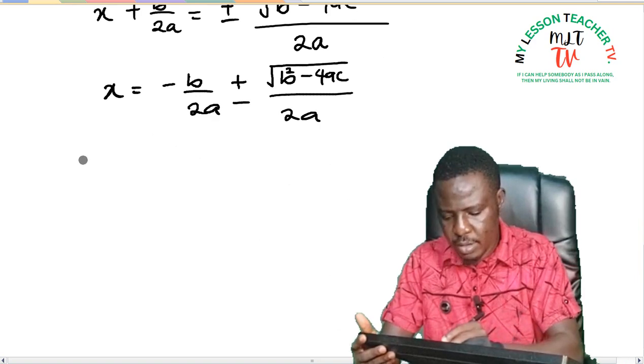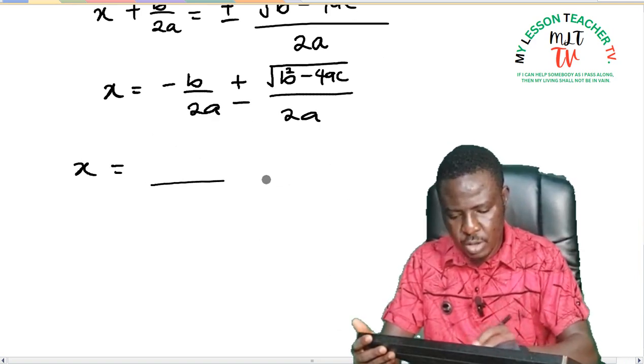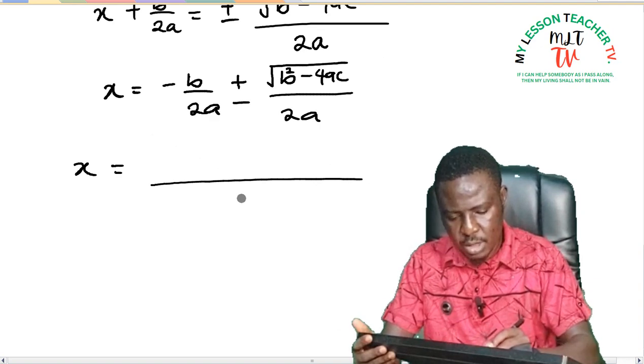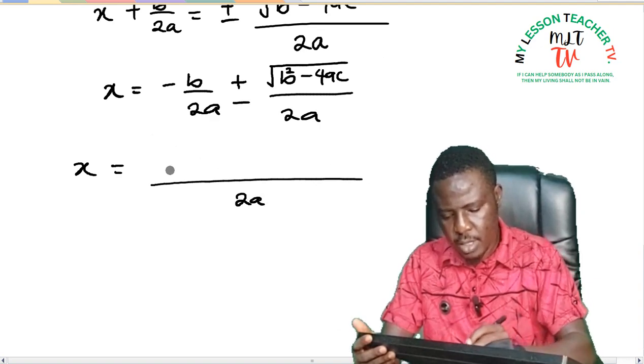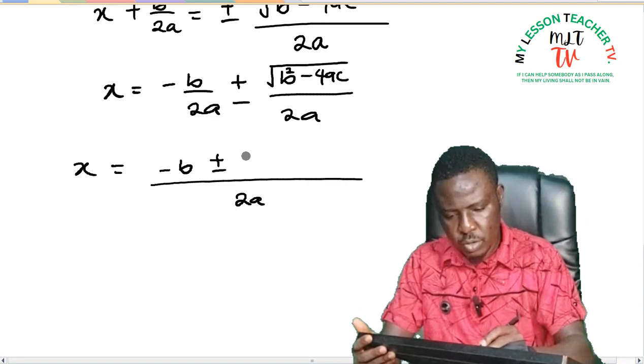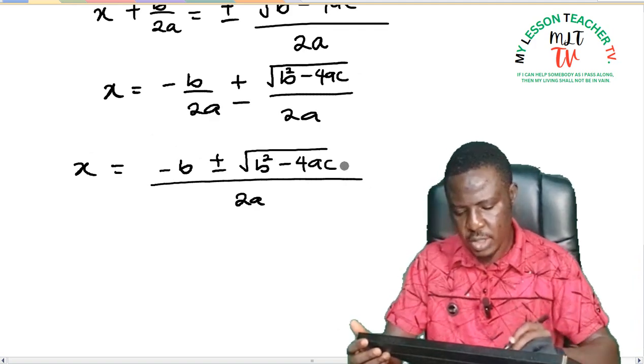So by simplifying the right hand side, since the denominators are same, x is equal to minus b plus or minus square root of b squared minus 4ac, all over 2a.